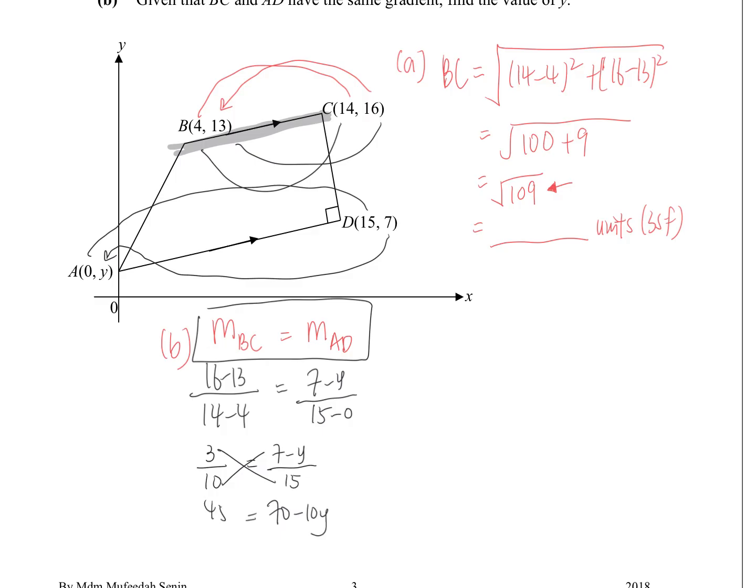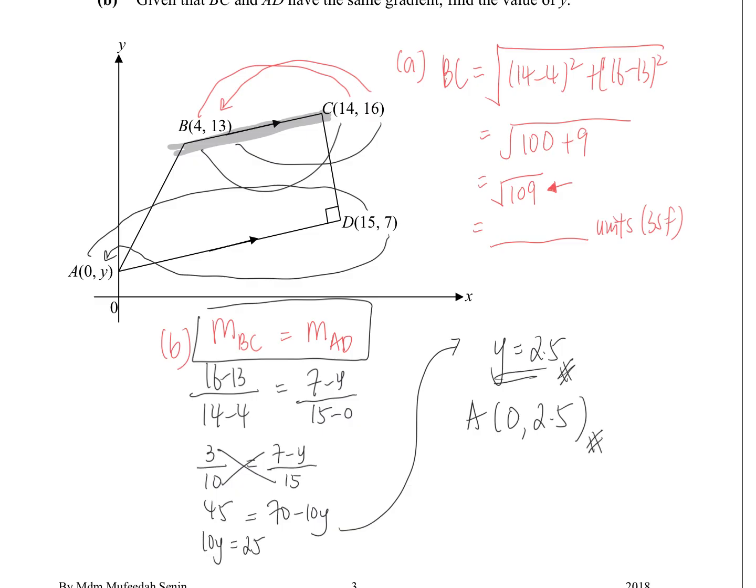This is 45. So 10y is 25, y is 2.5. So A is 0, 2.5.